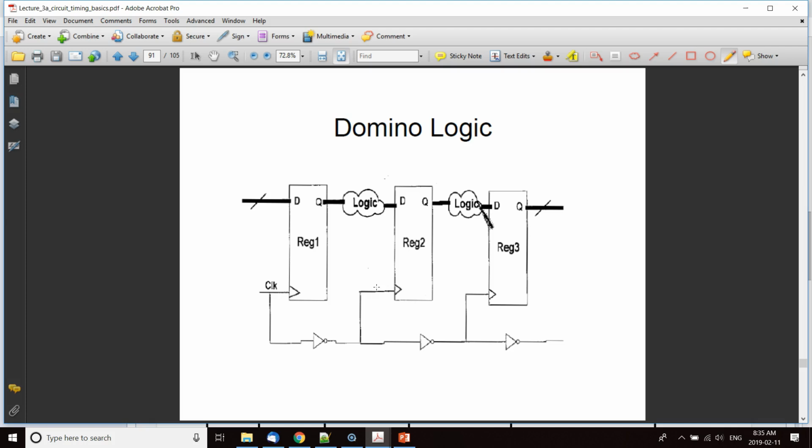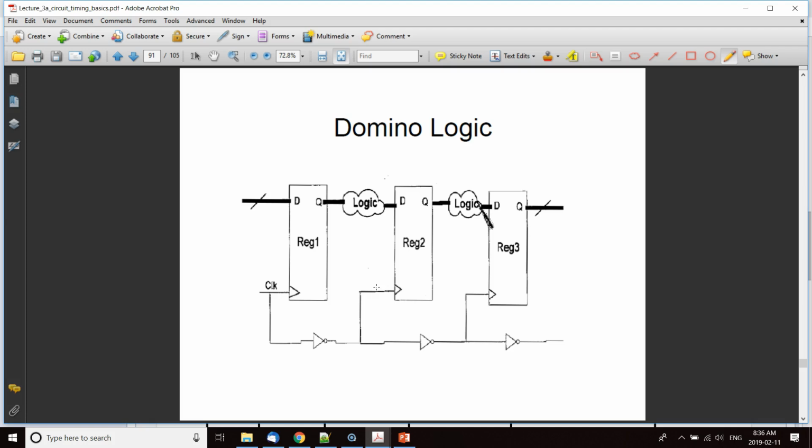It's got all this half period to propagate before I even look at it at reg 2. And if there is a little bit of skew here, like this, still I've got almost half a period. See the idea here? But of course, nothing's free. First of all, does this look similar to something we've already talked about?